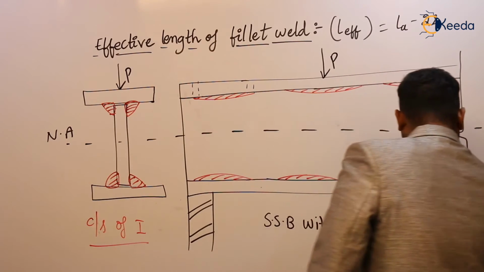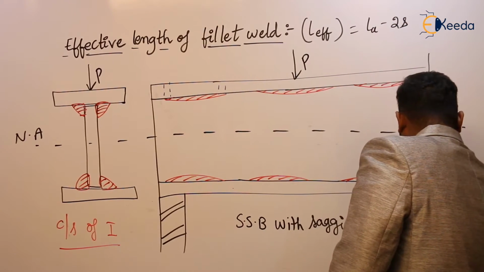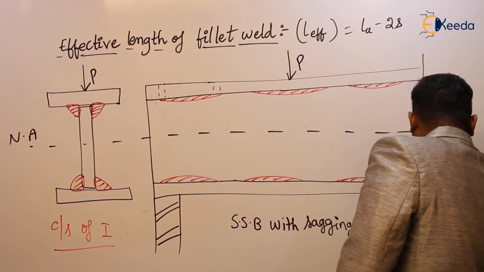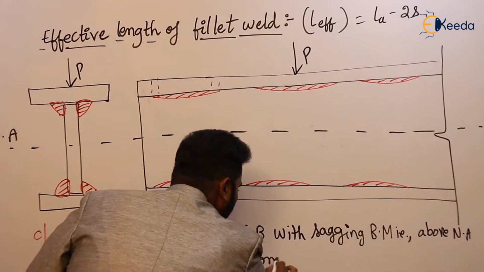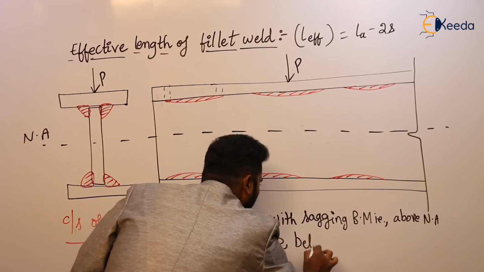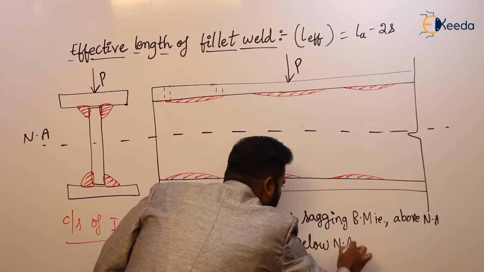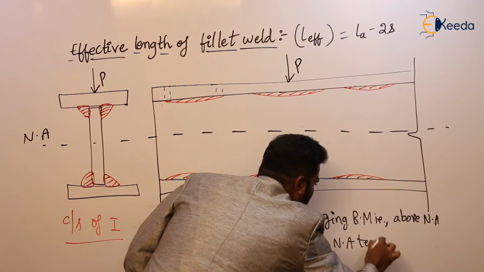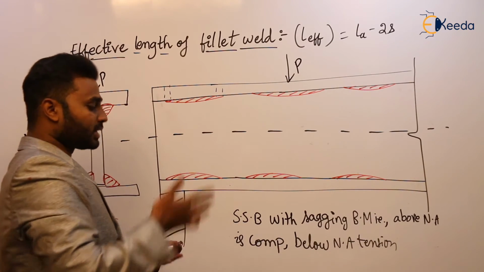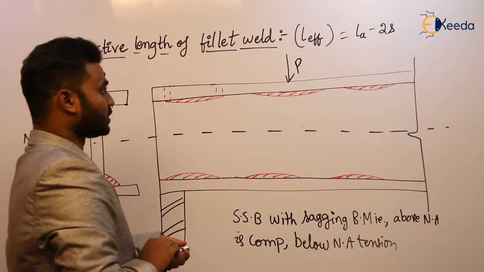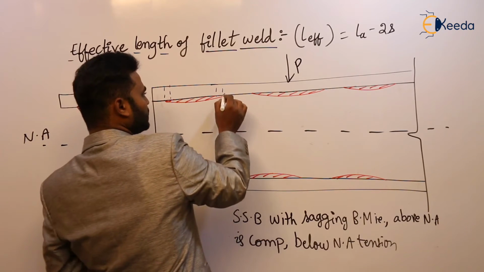Above the neutral axis is compression, below the neutral axis is tension. Agree or not? So this is the case of a simply supported beam with sagging bending moment. Based on that, this is the pitch here.